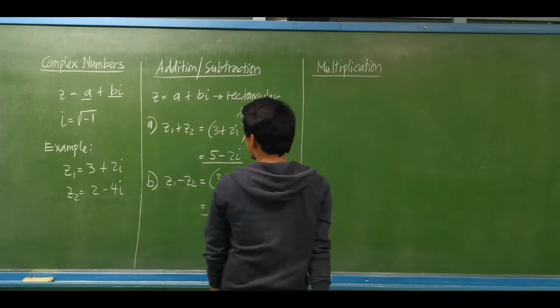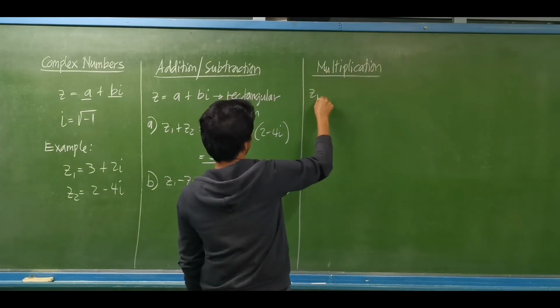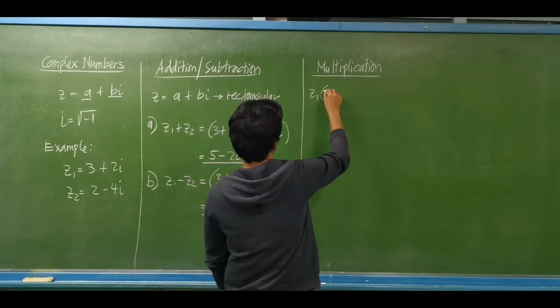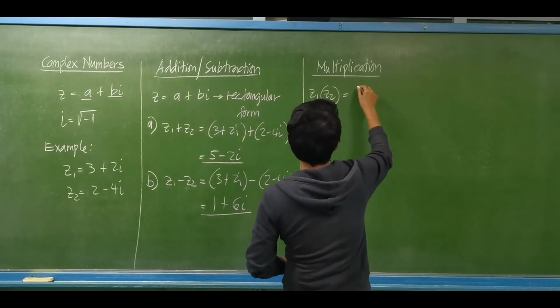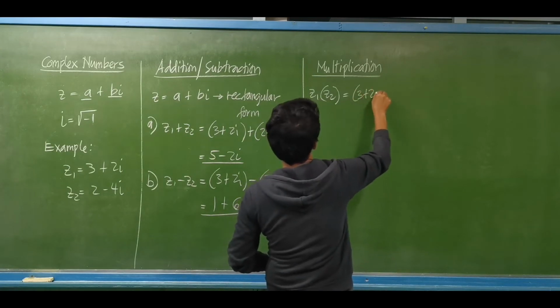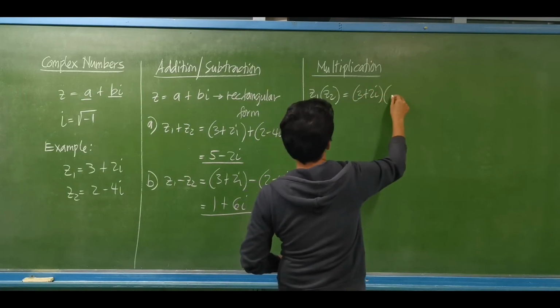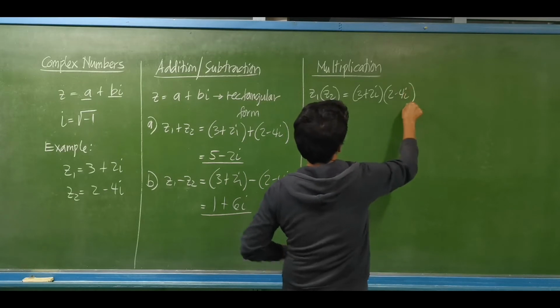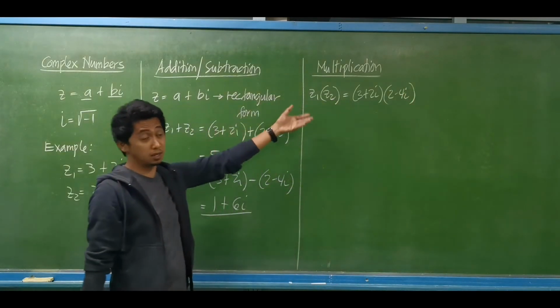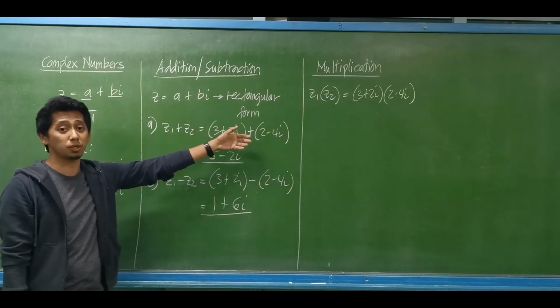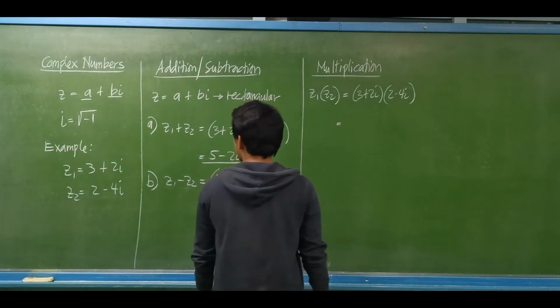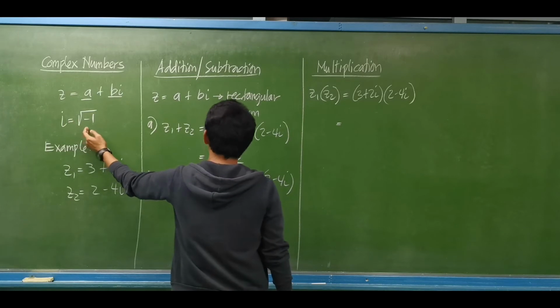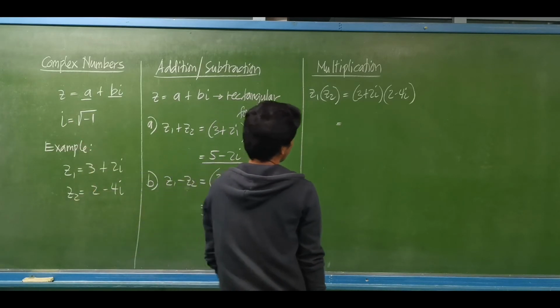For multiplication of complex numbers, for example, we are looking for the product of z1 and z2. That will be equal to 3 plus 2i multiplied by 2 minus 4i. All we have to do is perform the operation using the distributive property. Just don't forget that i is equal to the square root of negative 1.